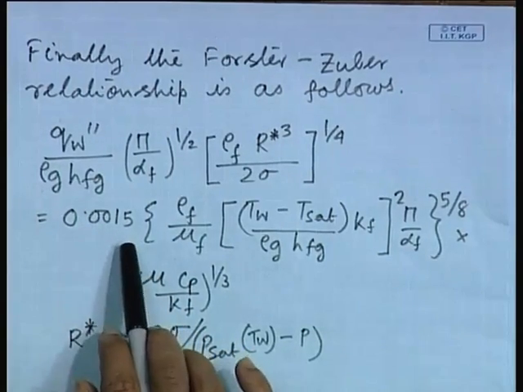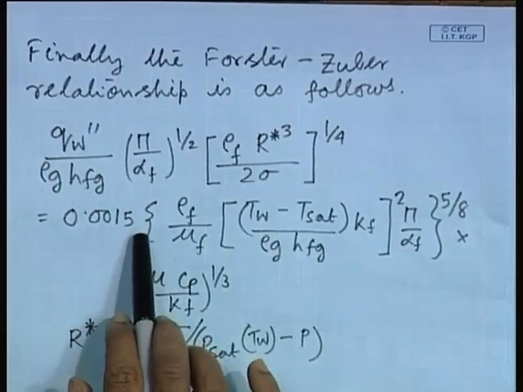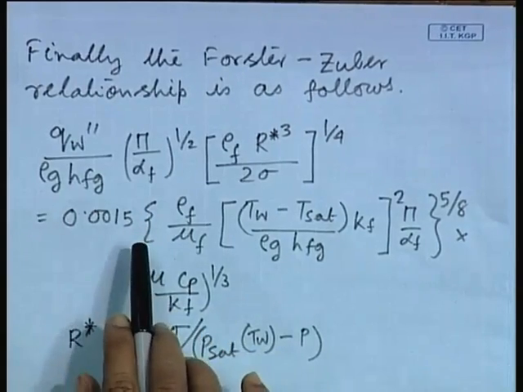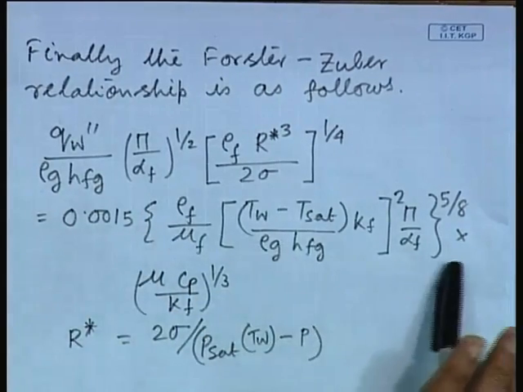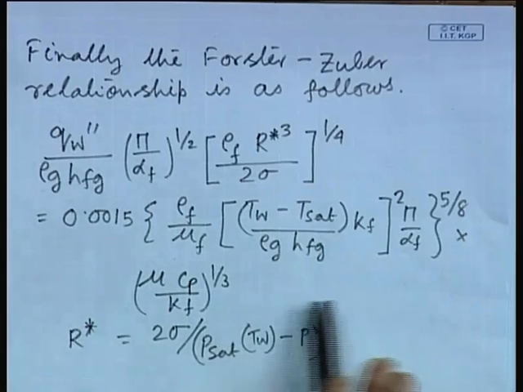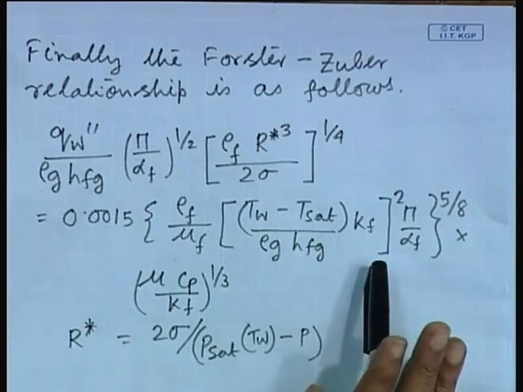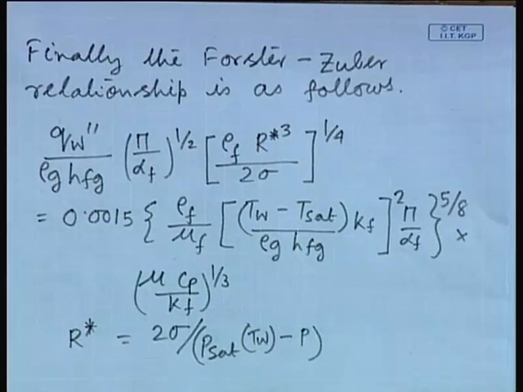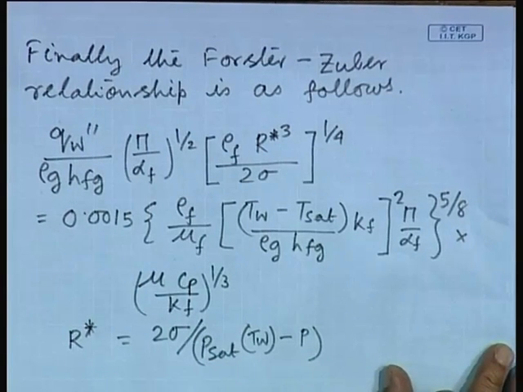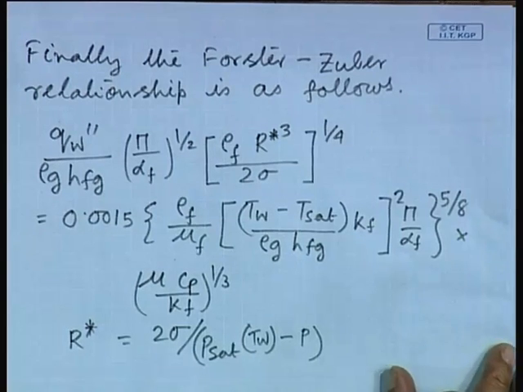And in this case the solid characteristics we are ignoring. But even then, due to the functional nature, due to the parameters which are involved in this correlation, it moderately predicts the boiling heat transfer over a good range for a number of fluids. So, that is the advantage.